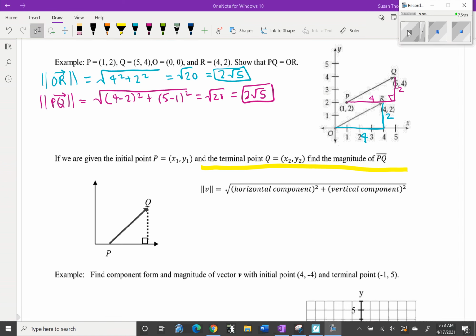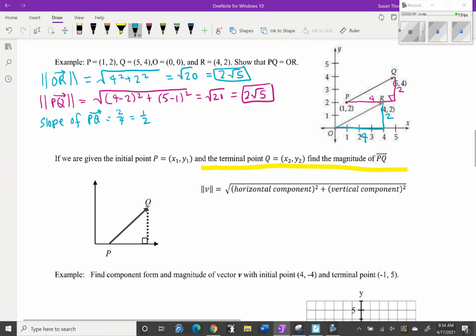And for the direction, we can look at the slope of our vectors. So the slope of PQ is equal to, of course, rise over run. So 2 over 4, which equals 1/2.